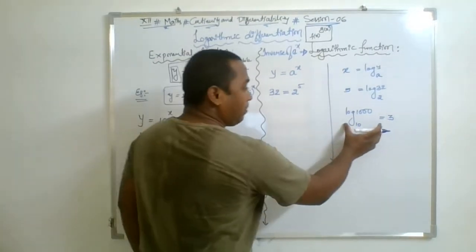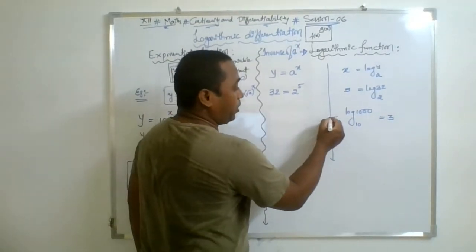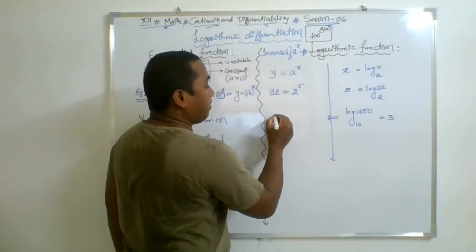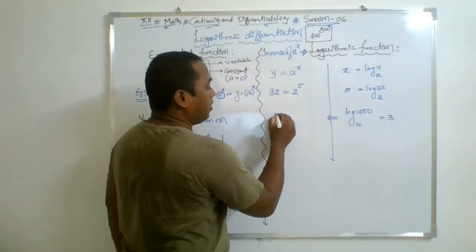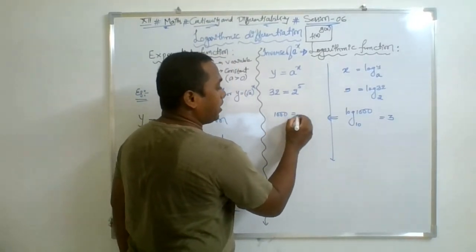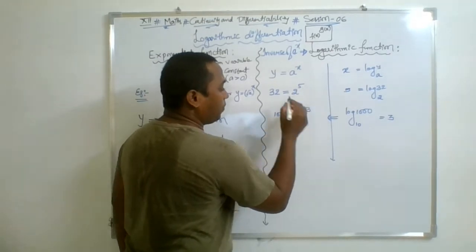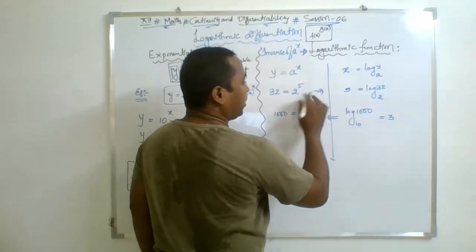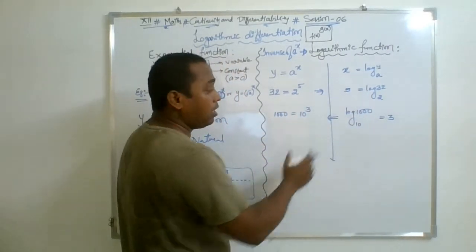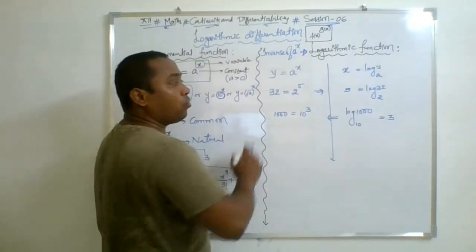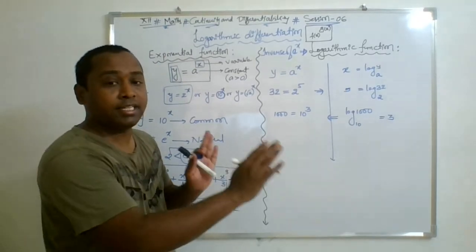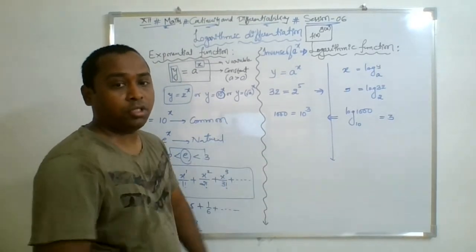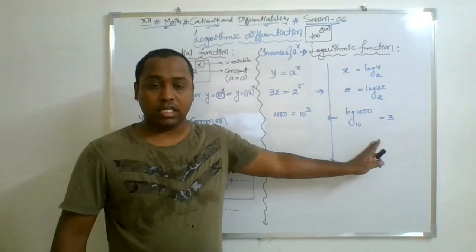The same can be expressed in exponential form by writing 1000 as 10 to the power of 3. So you may write an exponential function as a logarithmic function or a logarithmic function as an exponential function. It is simply the conversion of one form to another.